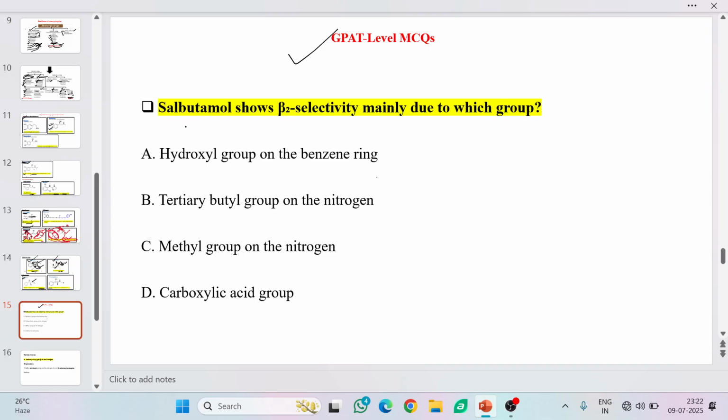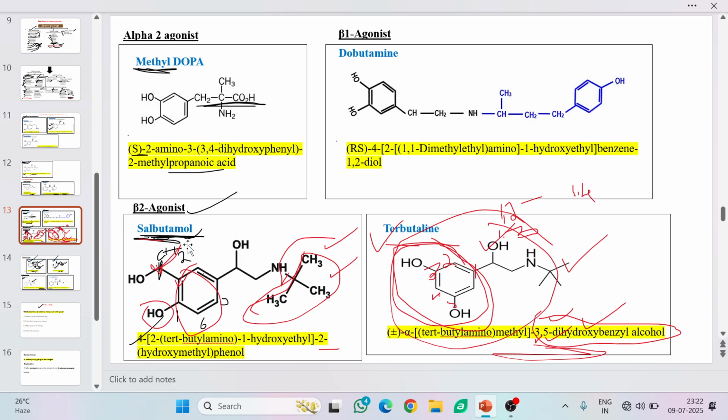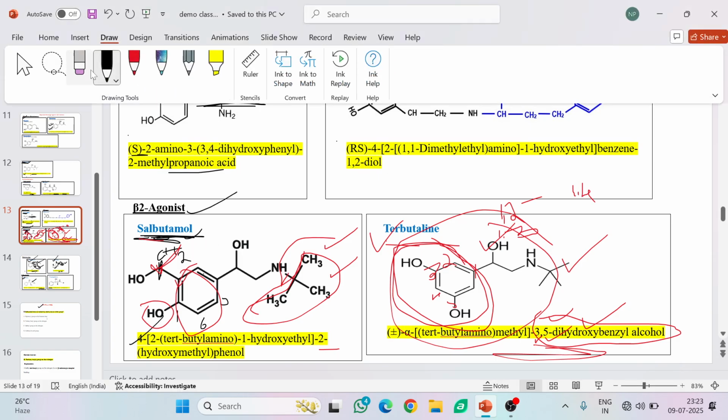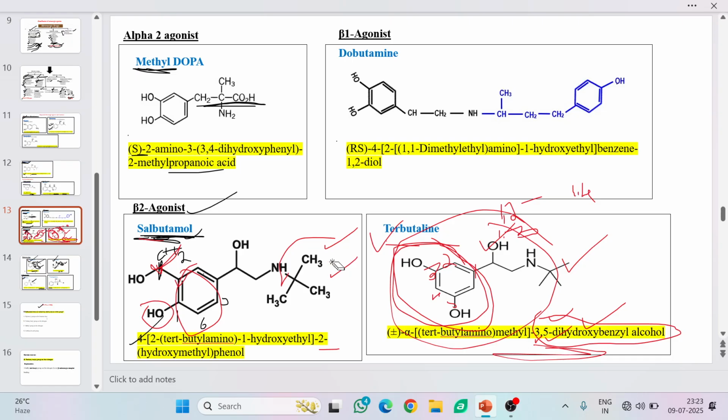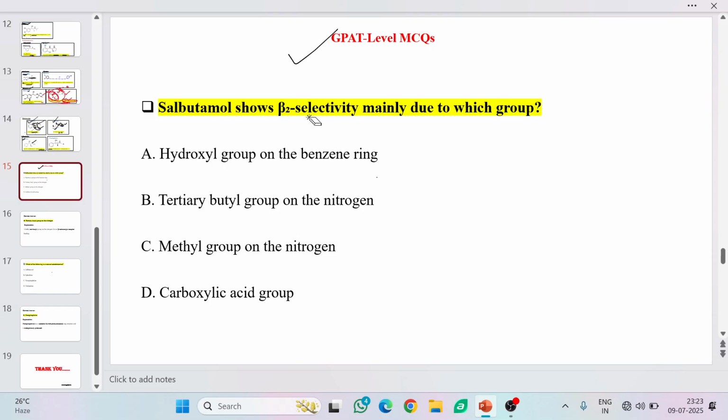So first is salbutamol shows beta 2 selectivity mainly due to which group? So the options are hydroxyl group on benzene ring, tertiary butyl group on the nitrogen, methyl group on the nitrogen, carboxylic acid group. So you will remember the structure of salbutamol, so what was in it? We saw tertiary butyl. Salbutamol, here is the structure. So what is our question? Beta 2 selectivity. Okay.